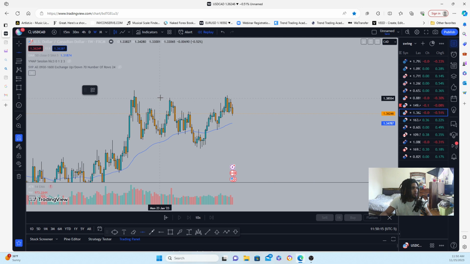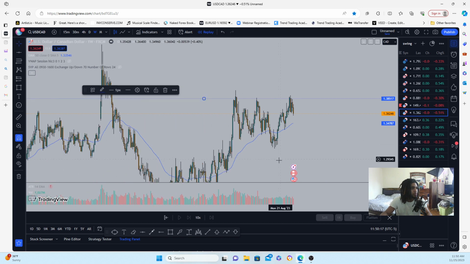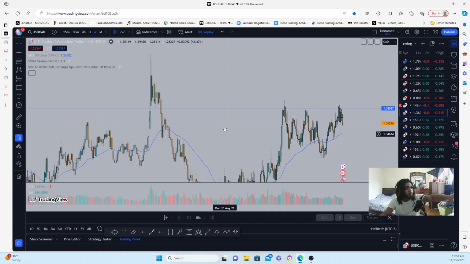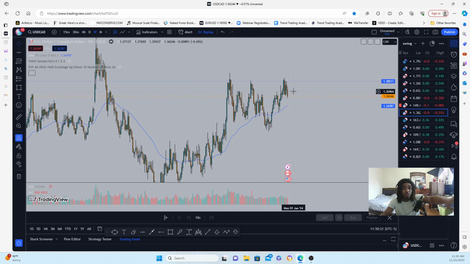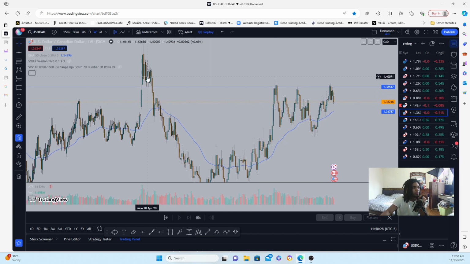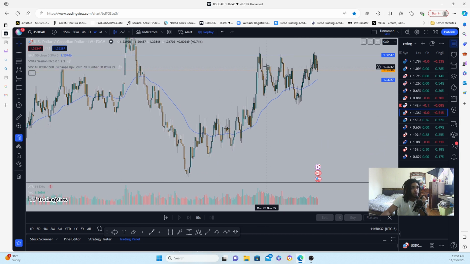Look at this. Touch, touch, touch. And then previously, what happened here? We got 3 touches on the weekly. I'm pointing like y'all can see my finger. We got 3 touches on the weekly, right? And then previously, price came up to here and shot down and broke structure. So what do you think is going to happen if we got 3 touches?